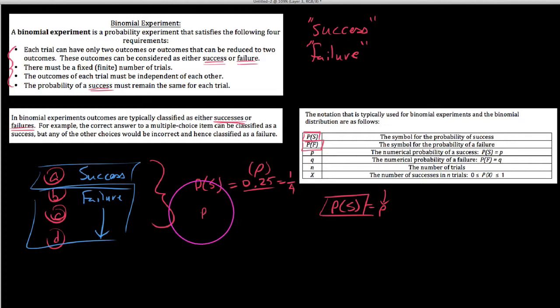Likewise, the probability of getting a failure, this would be our lowercase q is what we're going to call it. So q is the numerical probability of a failure. That's what it actually comes out to equal, this number. So 3 out of 4 in this case, and that would be the same thing as 0.75.